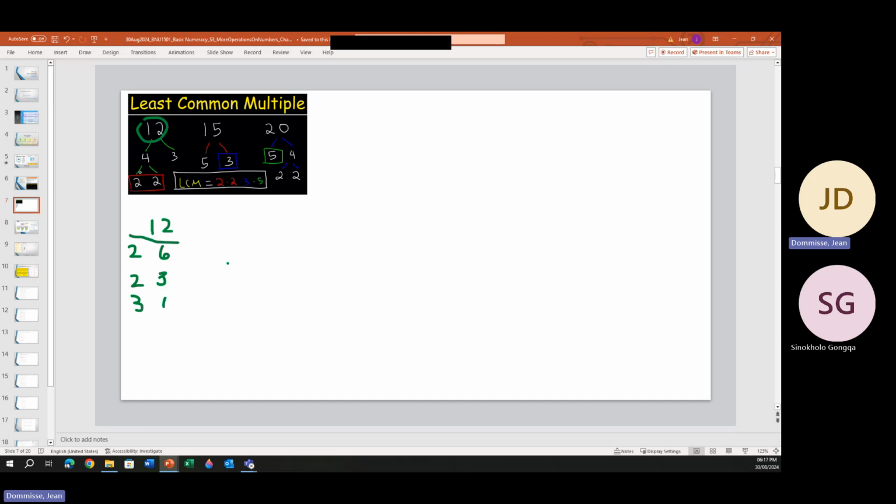So I get to the same 2 times 2 times 3. That would have been my factors for 12. Then I look at my factors for 15.